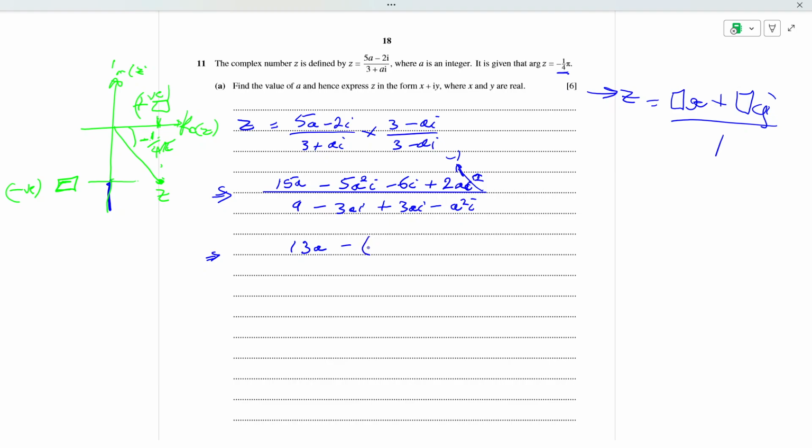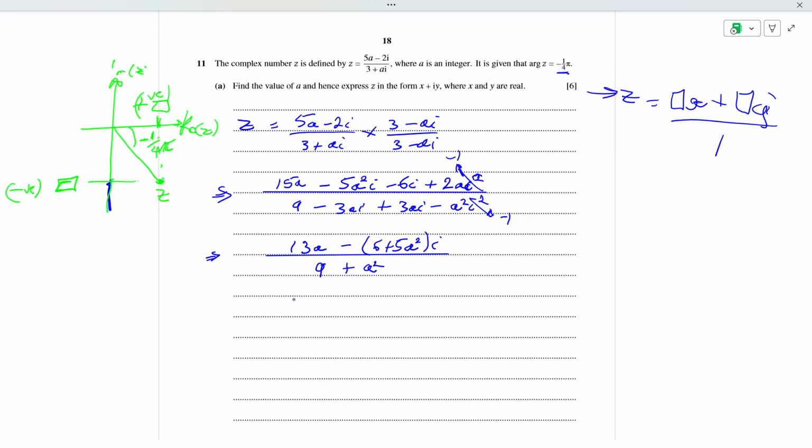When we combine like terms, we have 6 plus 5a squared, i. All of it is over 9 plus a squared, because remember this is also i squared and it's negative 1. Negative times negative gives us positive.